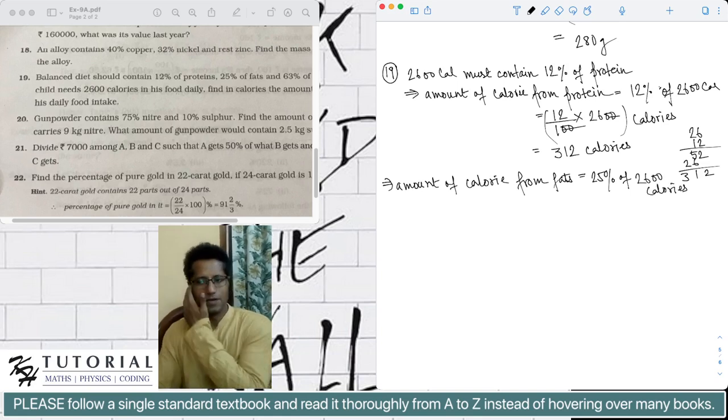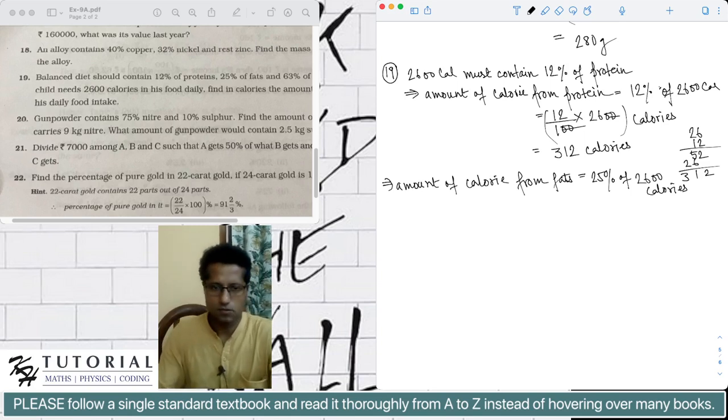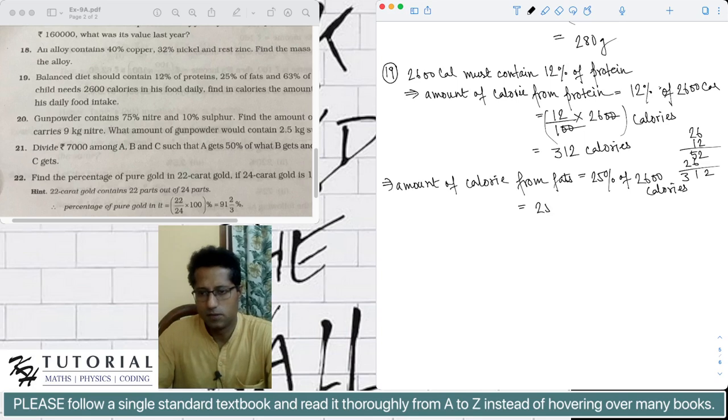Since the total calorie of the daily food intake is 2600, this is equal to 25 by 100 multiplied by 2600 calories.